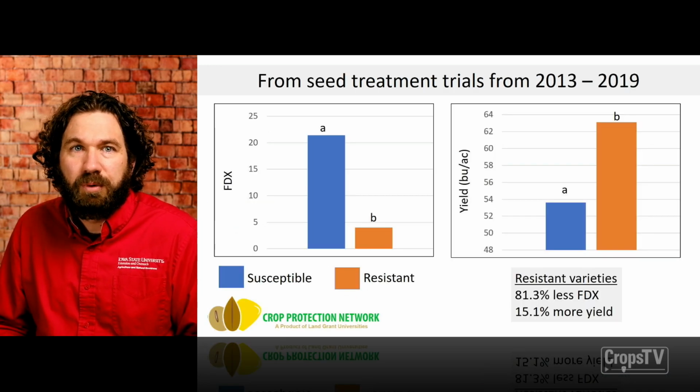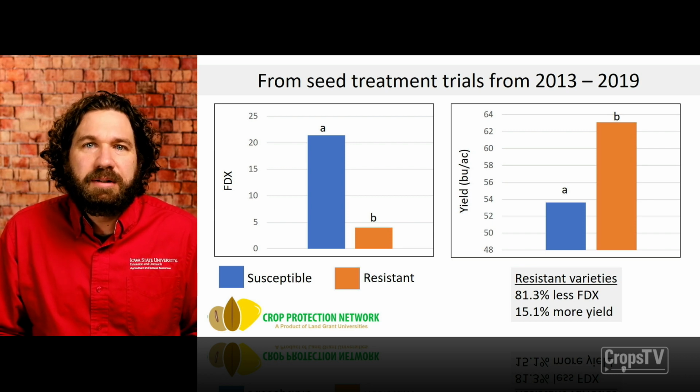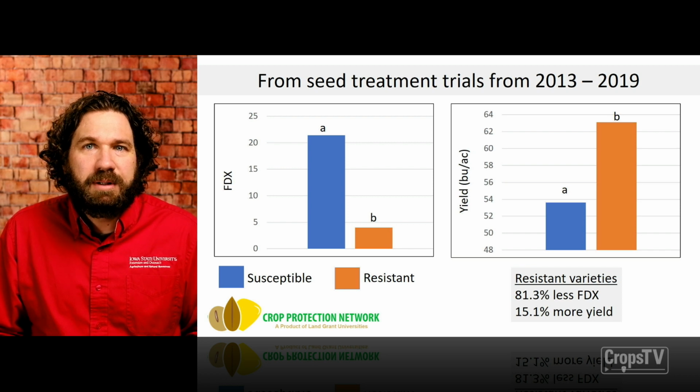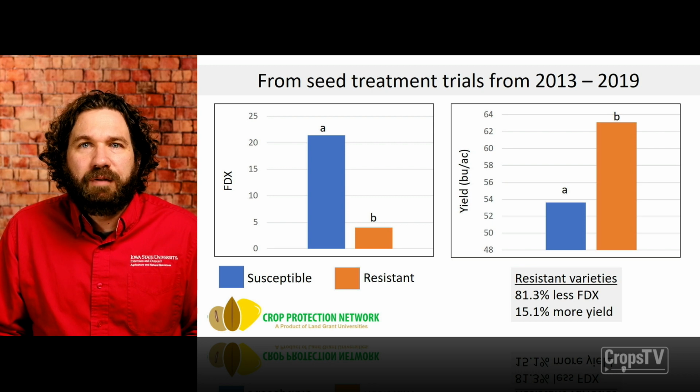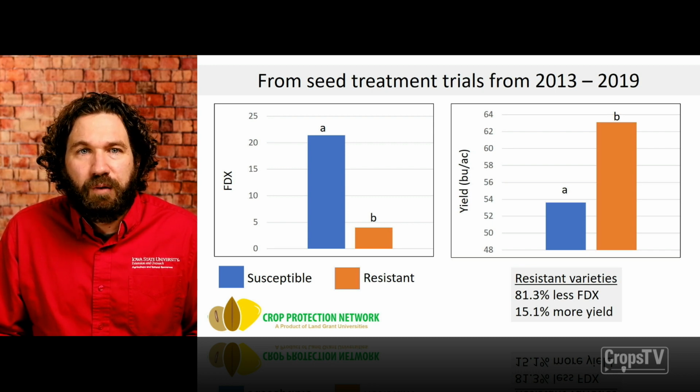All right, so that being said, the first thing we look at here is resistant varieties, not necessarily the seed treatments. Again, remember all of our locations have a resistant and a susceptible variety for our product evaluation. What we found from 2013 to 2019 is you actually reduce the foliar disease index, the FDX, by about 80% by just planting a resistant variety.